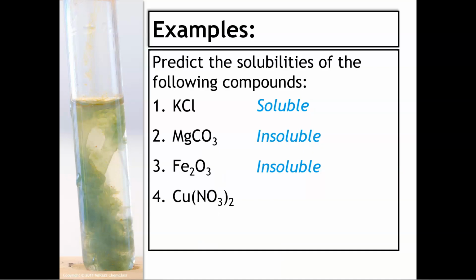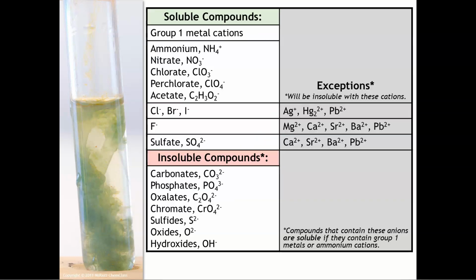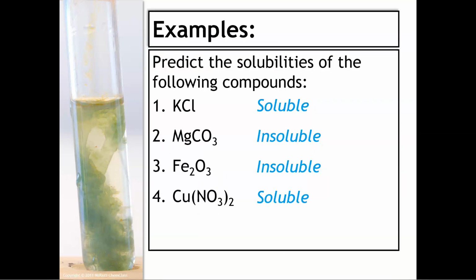This is copper(II) nitrate. You want to look again for one of the ions in the solubility table, and right away I see nitrates are listed as the soluble compound. It looks like nitrates are always going to be soluble, all the time. So therefore this is going to be a soluble compound.